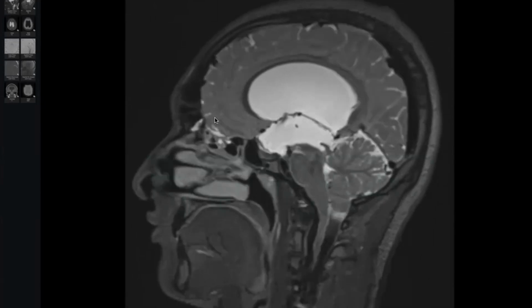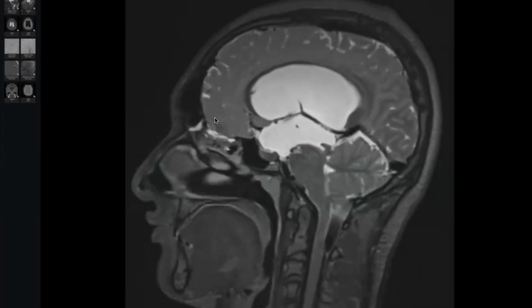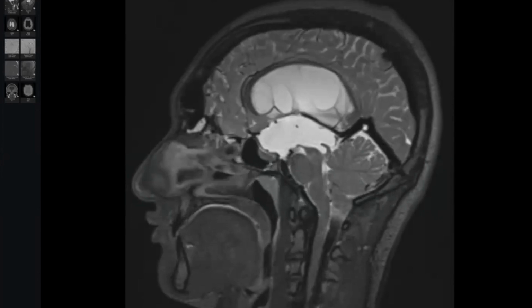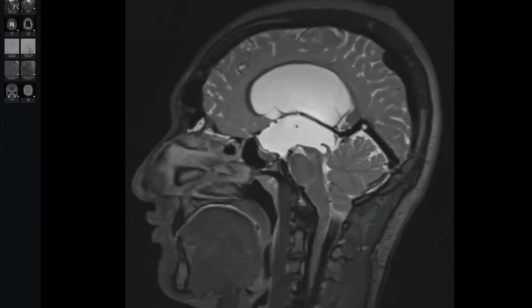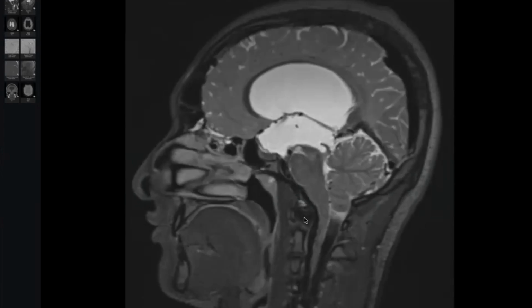You didn't tell me any finding about the sagittal. You asked for sagittal, so tell me what you find here. Sir, I think there is aqueductal stenosis. What is the cause of stenosis?